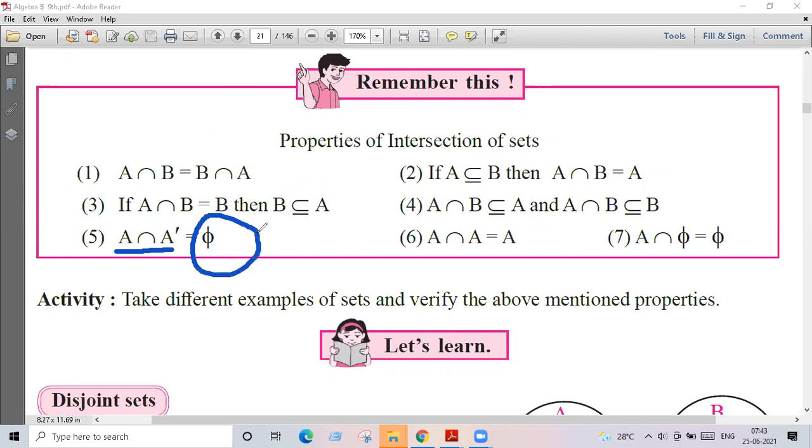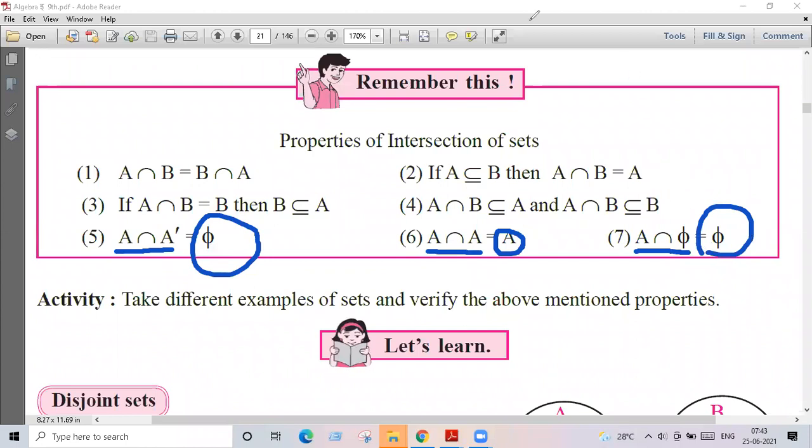Phi means null set, empty set. Then A intersection A is equal to A only, and A intersection phi is equal to phi only. Get it?